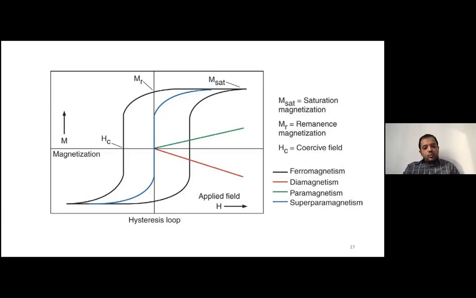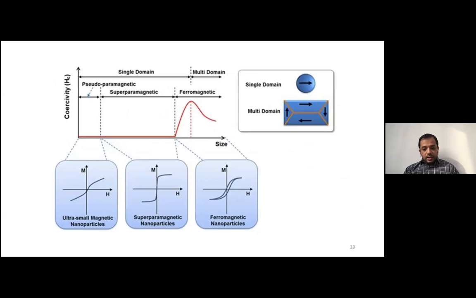But we don't want them to stay magnetized once we remove the external magnetic field. So superparamagnetic nanoparticles are very important in the biomedical field as far as their application goes, right?